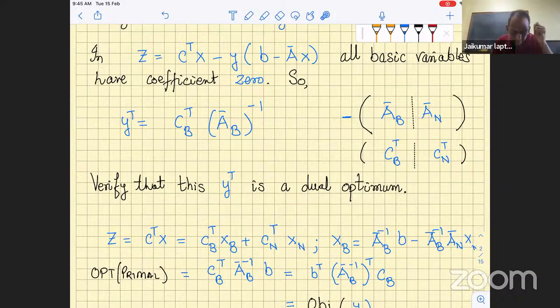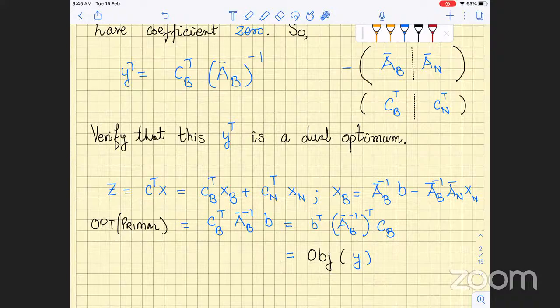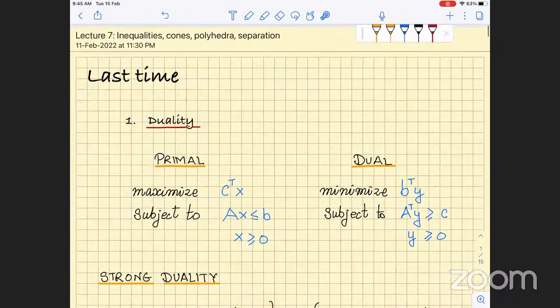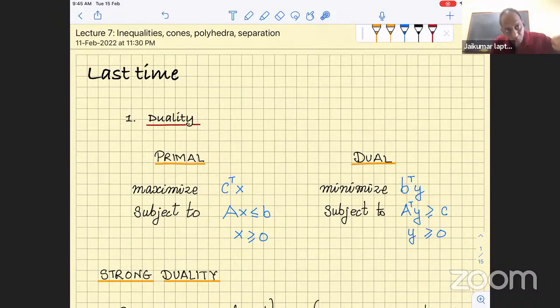What does it mean to verify that Y bar T is dual optimum? First, we need to verify that the objective function of the dual matches the optimum that Simplex produced in the last line. And the second thing we need to verify is that this Y bar, which we obtained by inverting some matrix, is actually a feasible solution for the dual.